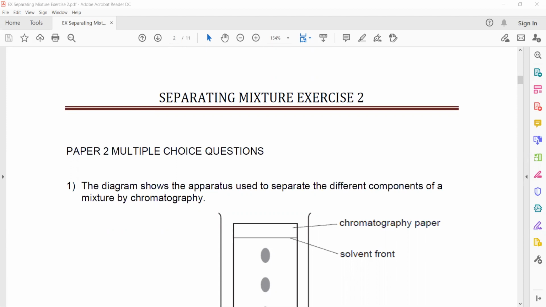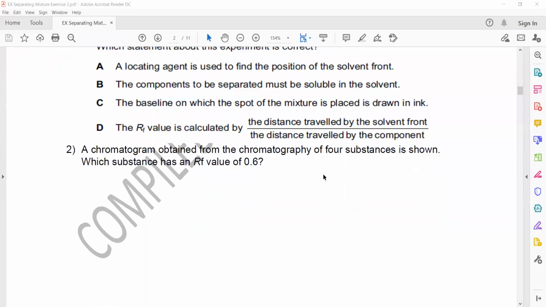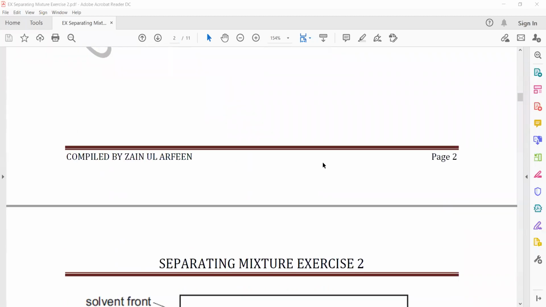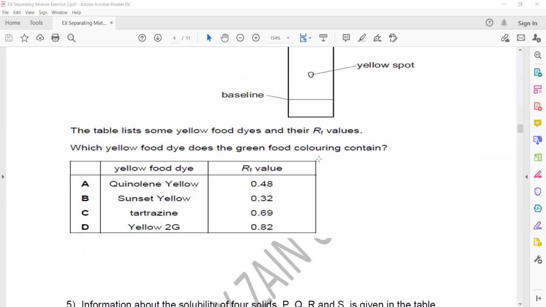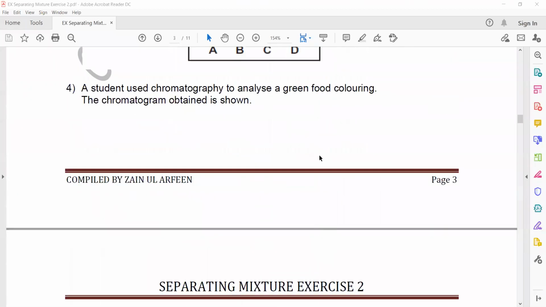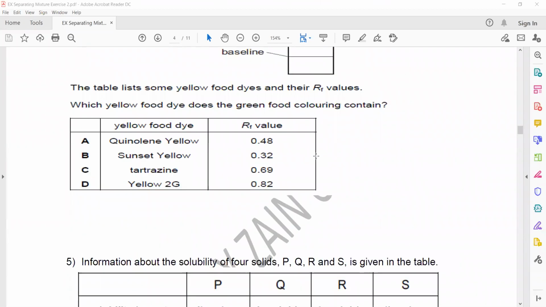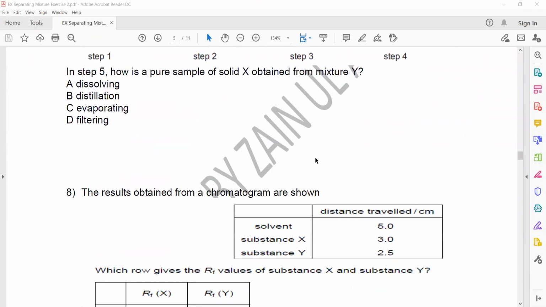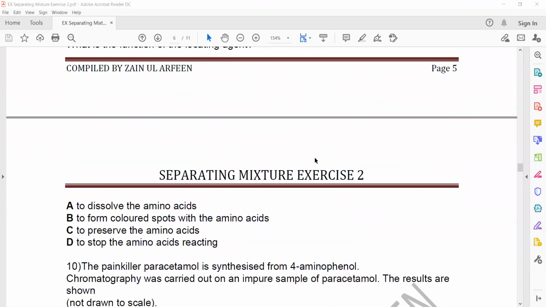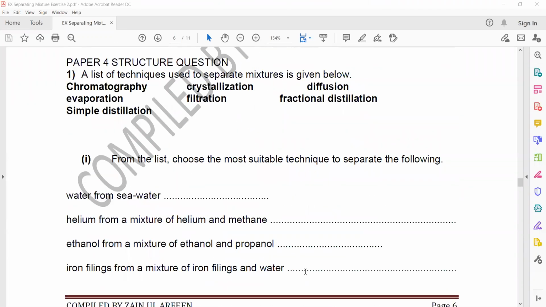Anyone of you having a doubt in MCQs? Or structure questions?